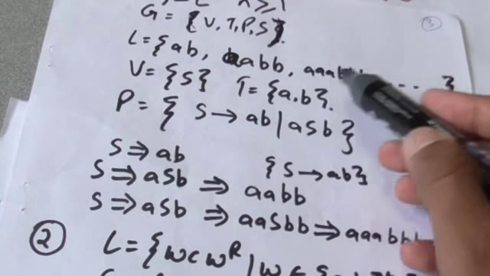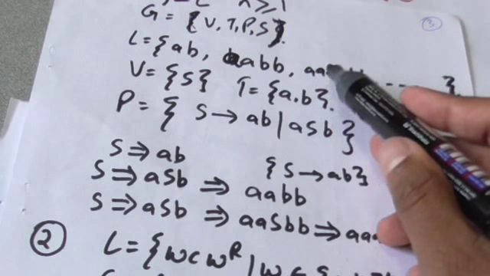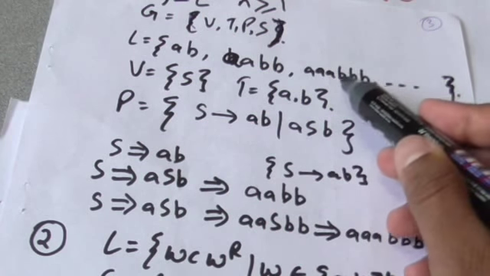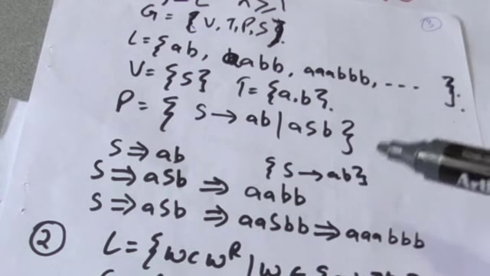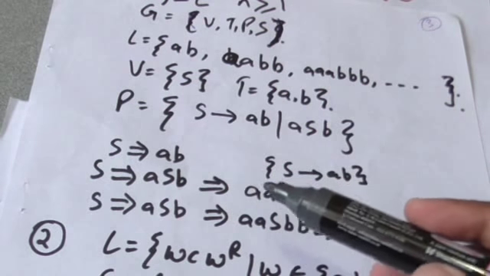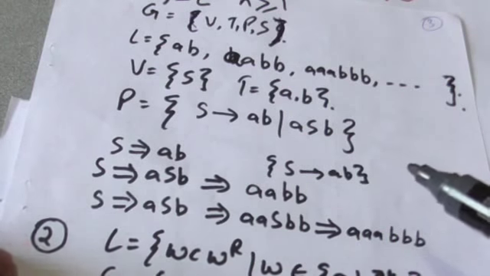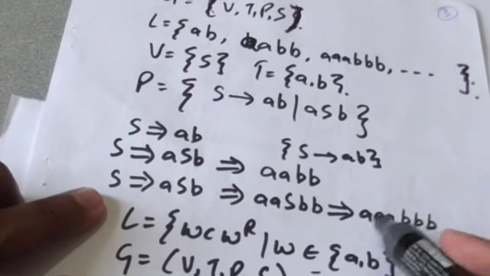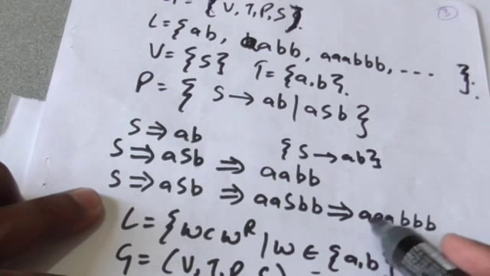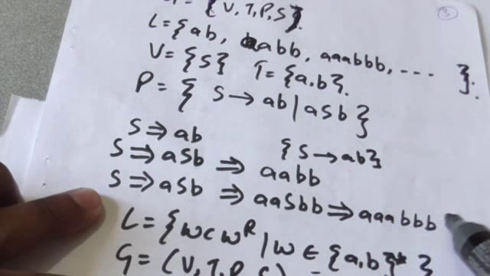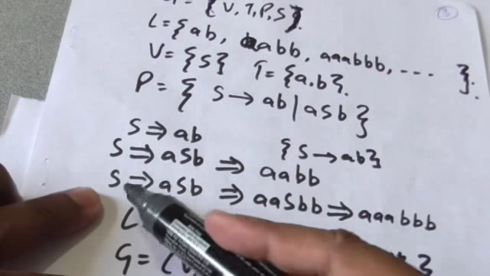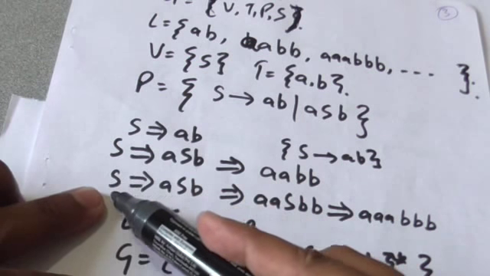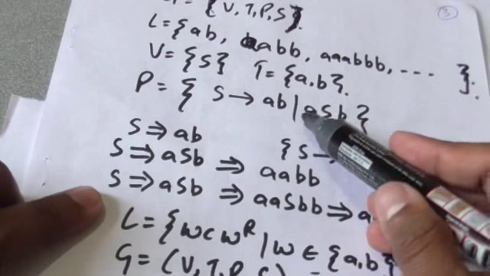Now see this string. This is also present in the language L, right? So this string should also be derived from start symbol S, right? So here this is the derivation of the string AAABBB, which starts from the start symbol, right? Here we have applied the production S derives aSb.